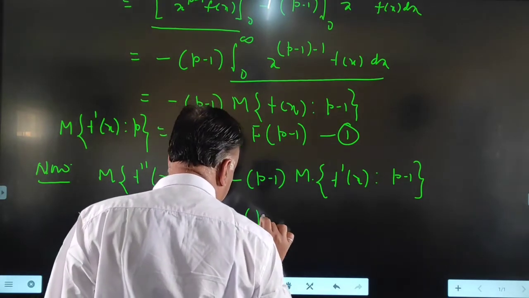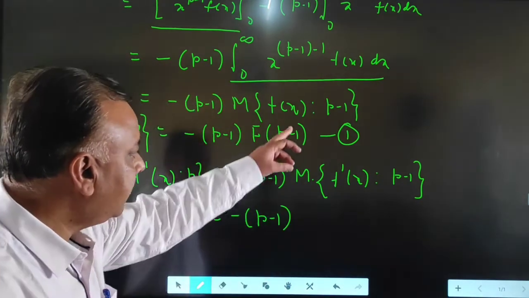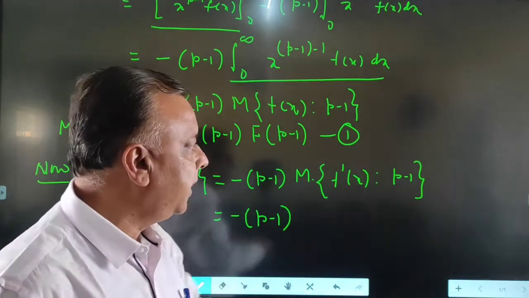Now this is equal to minus (p minus 1) times the Mellin transform of f dash x with respect to parameter p minus 1.